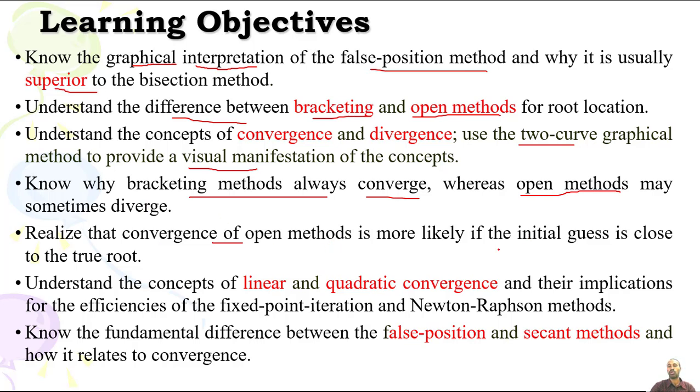And understand the concepts of linear and quadratic convergence and their implications for the efficiency of the fixed point iteration and also the Newton-Raphson methods. And you will be able to know the fundamental difference between false position and secant methods and how it relates to convergence of these functions.